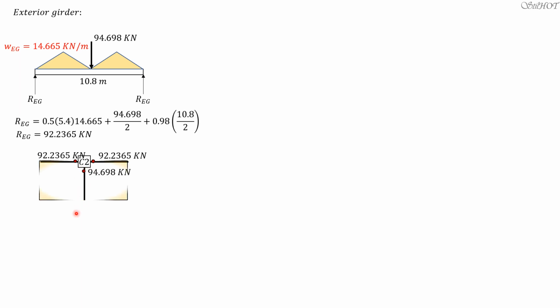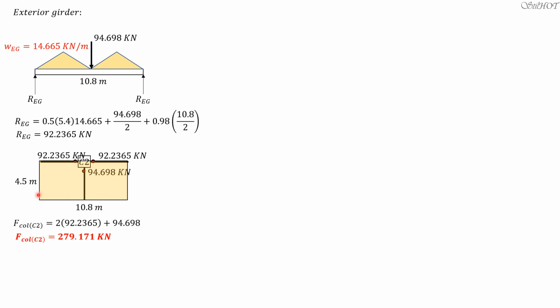So therefore, the force in column 2, by the way the dimensions would be 10.8 and 4.5, is 2 times 92.2365 plus 94.698. So it is equal to 279.171 kilonewtons.